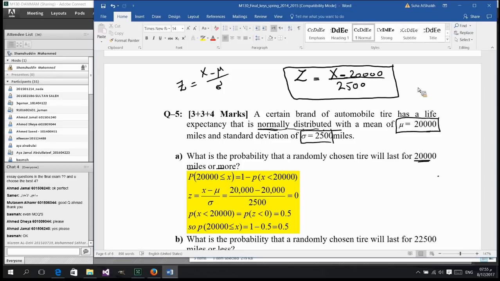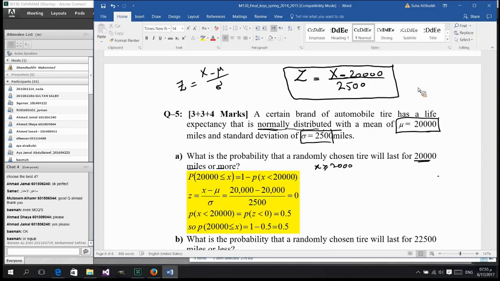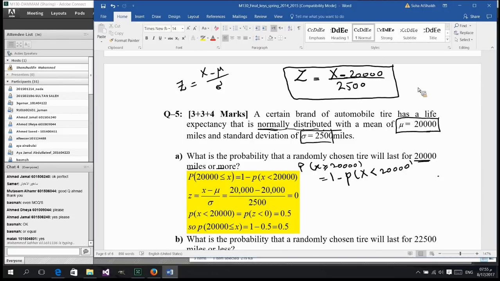What does 20,000 or more mean? It means x is greater than or equal to 20,000. Isn't that what it means? Okay. The table will give me the less than, so I'm forced to change this to x less than 20,000.